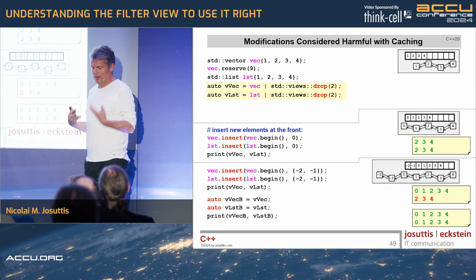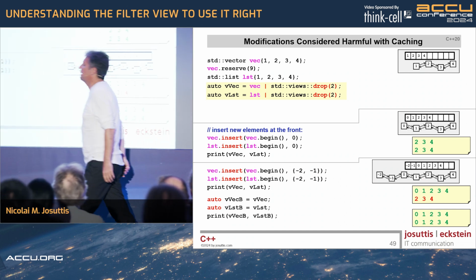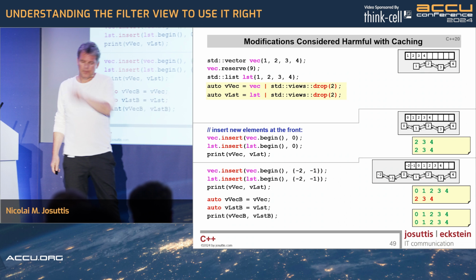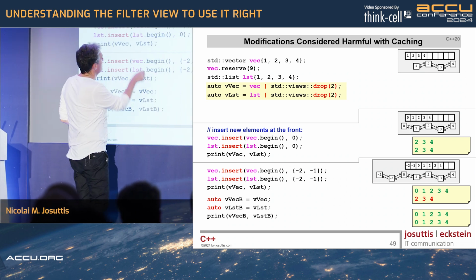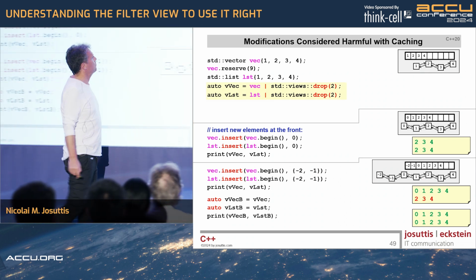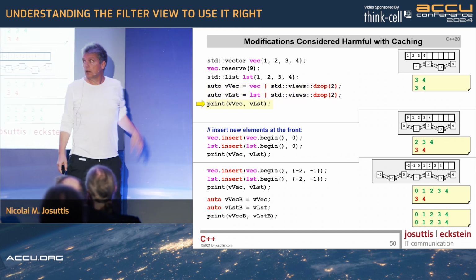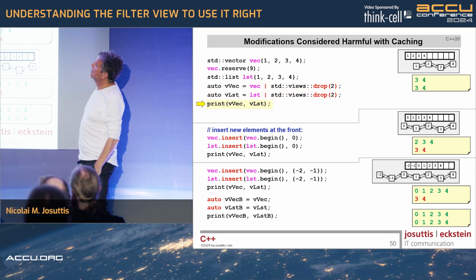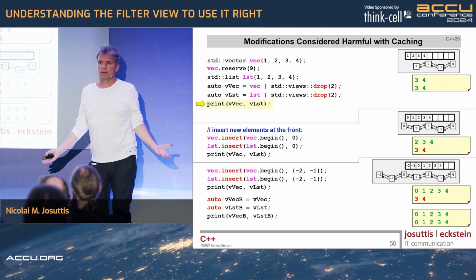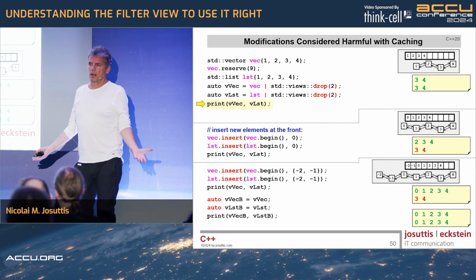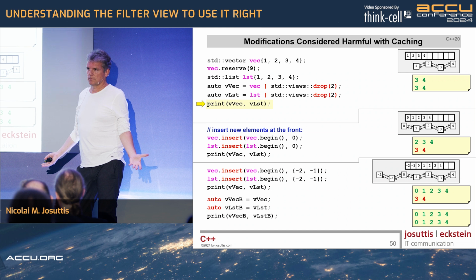But the real problem is the following. You don't understand what's going on here. So let me add a print statement. This print statement changes the behavior of the program, because we cache earlier. Oh my goodness.